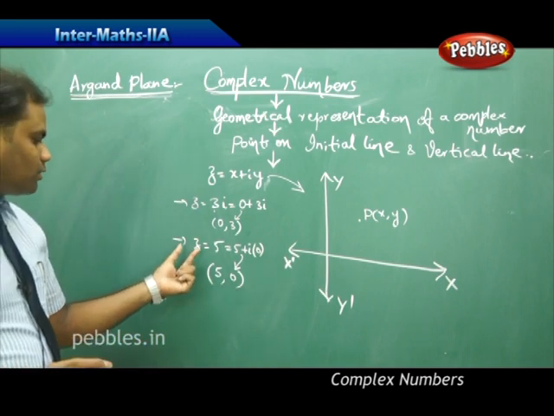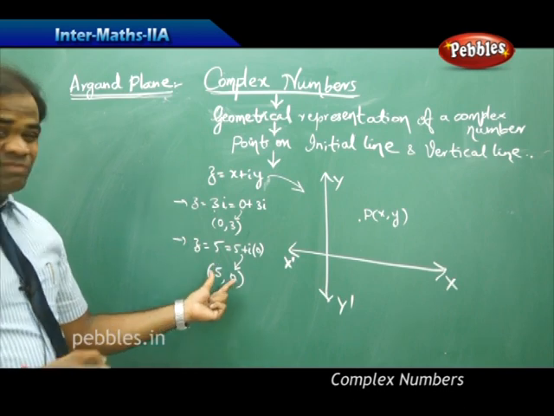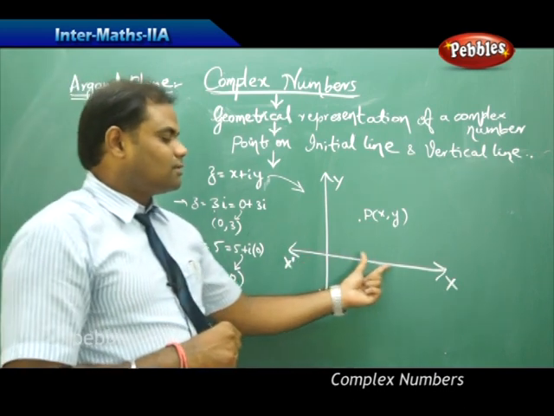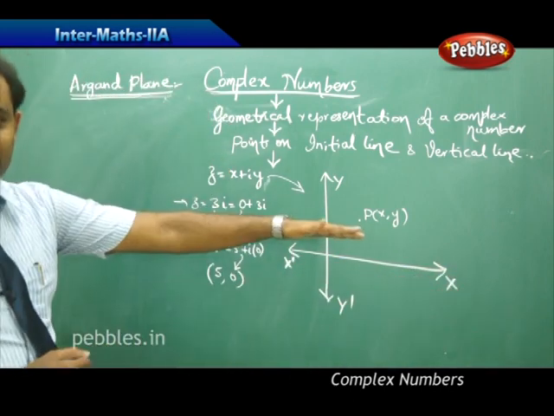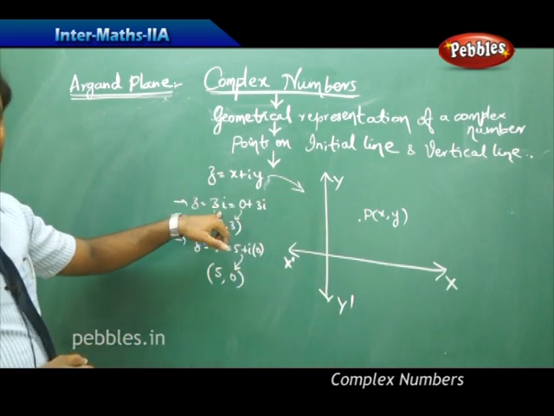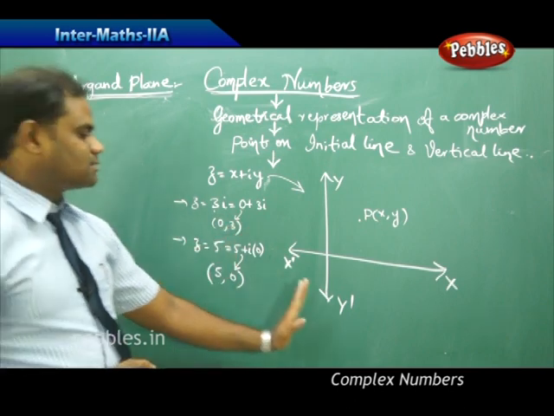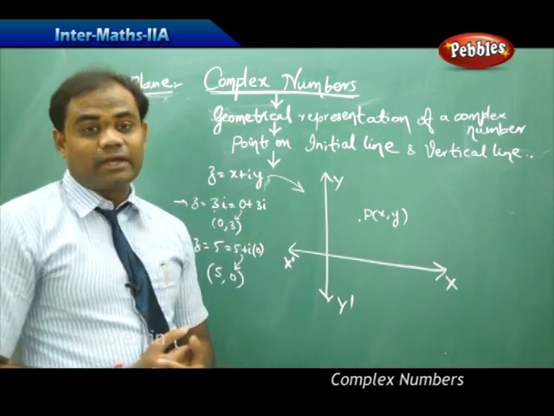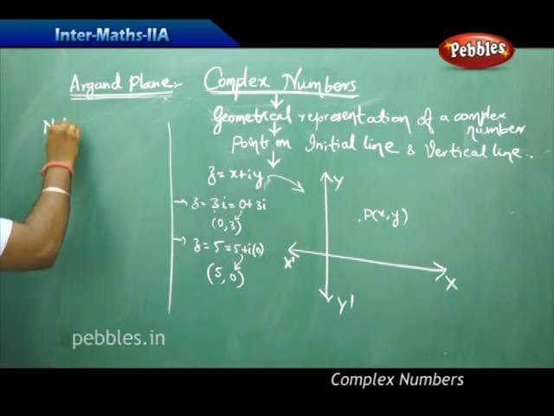So when I write a complex number which is purely real, then its respective point lies on x dash. That is the horizontal axis or initial line. And when I take the complex number which is purely imaginary, that respective point lies on the vertical line, that is y dash.